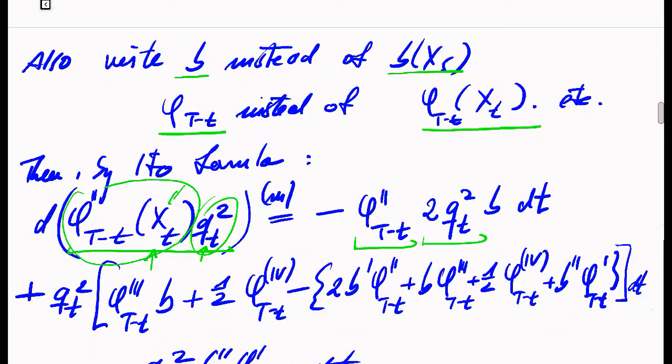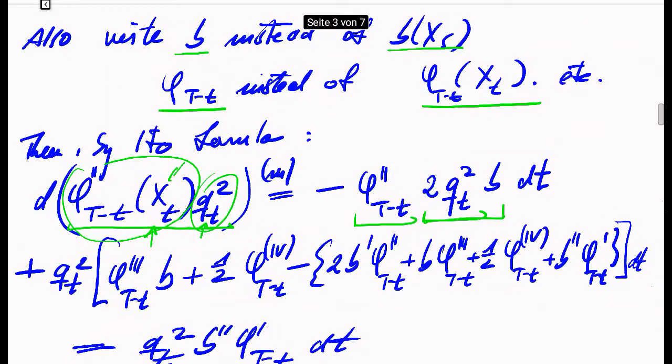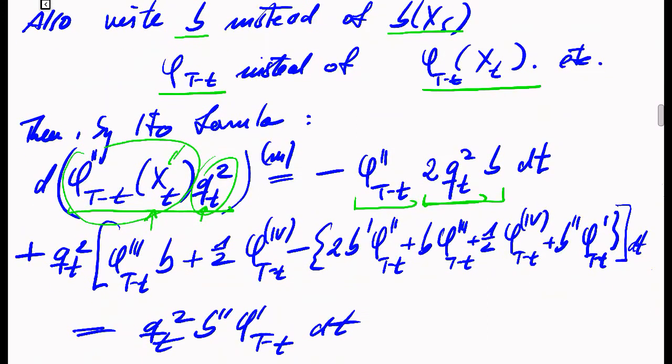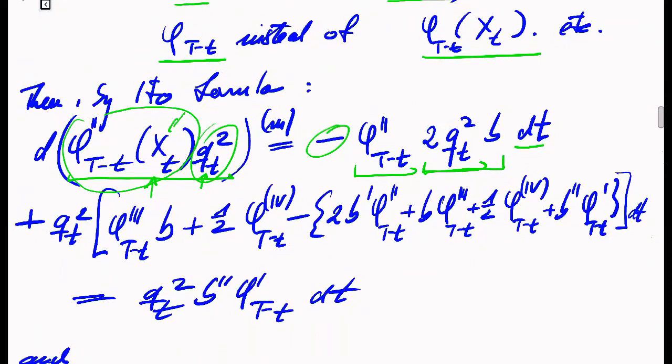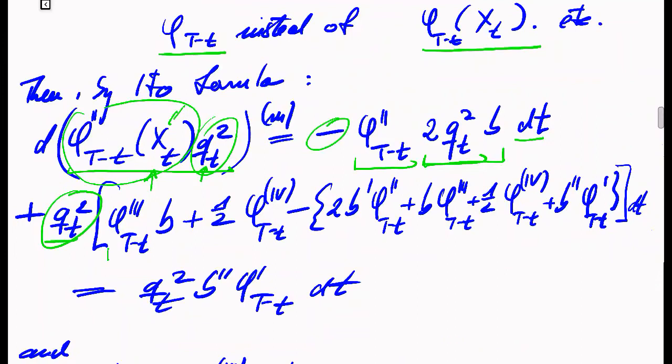By the conventional chain rule, this is 2 times q times q dot, and inserting the ordinary differential equation that the q process is assumed to satisfy, we pick up this minus 2, the 2 was from the chain rule, qtb dt, that's the first part. And then comes the second part from the Leibniz rule in this case, so the qt squared remains unchanged.